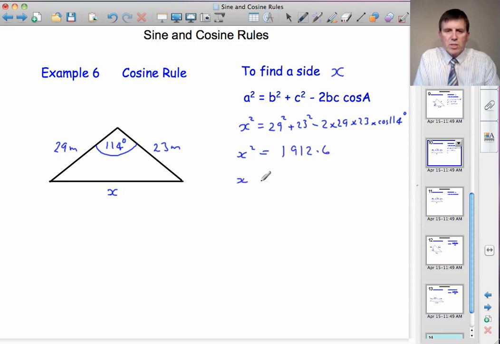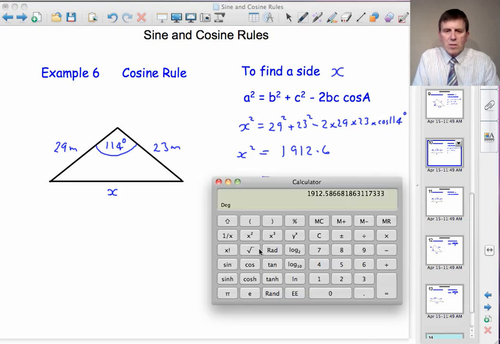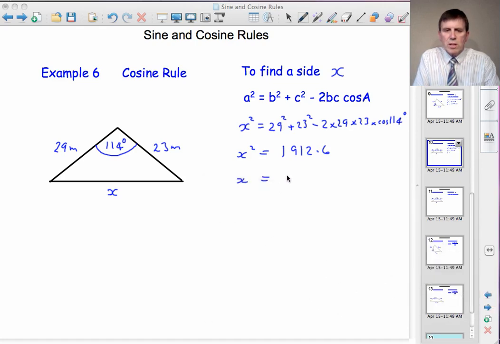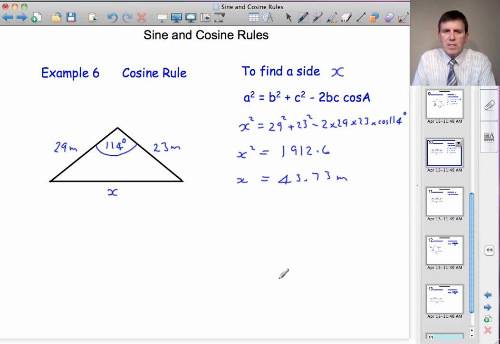That has no meaning though, it's the square root of that I want to find the value of x. So let's find the square root and we get 43.73, and the units will be in meters. And that concludes our second example of finding a side using cosine rule.